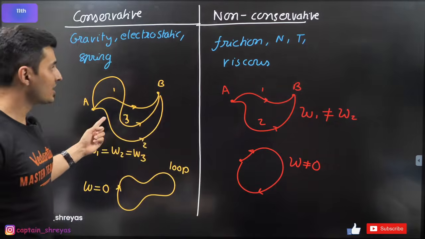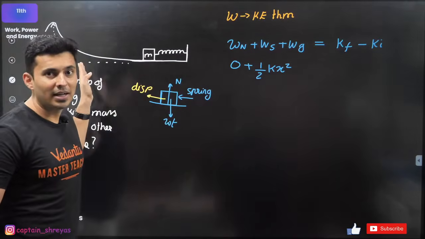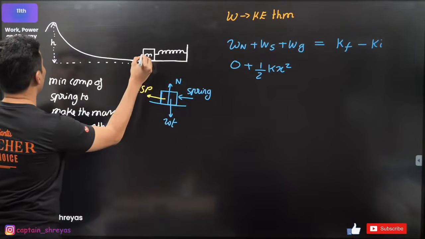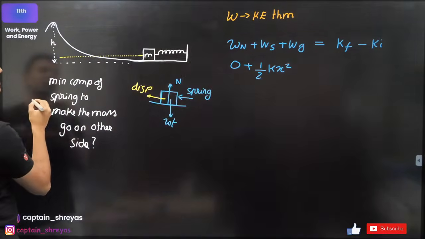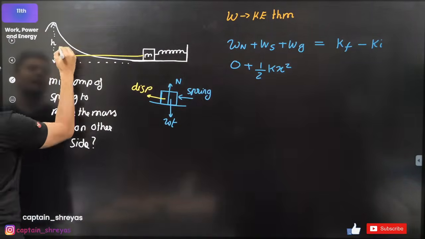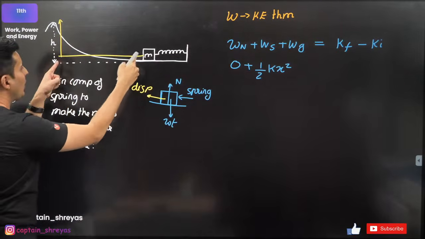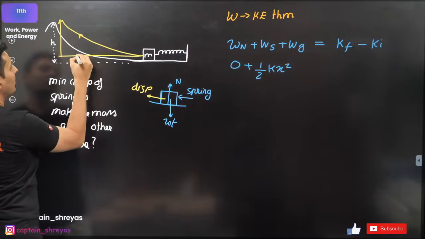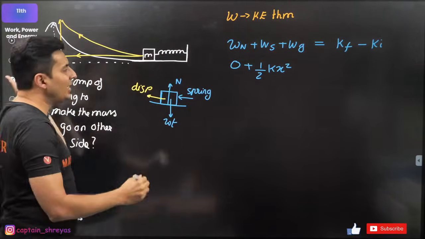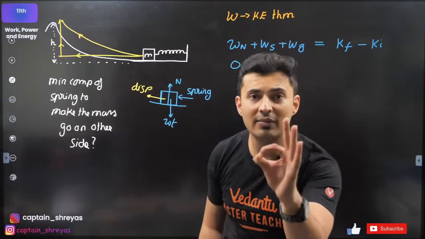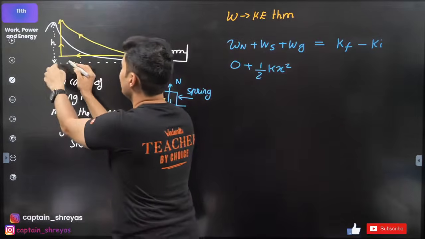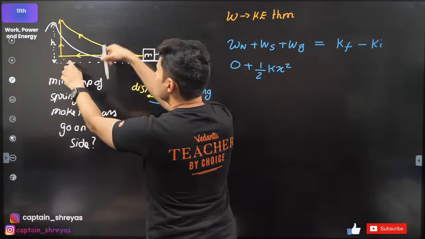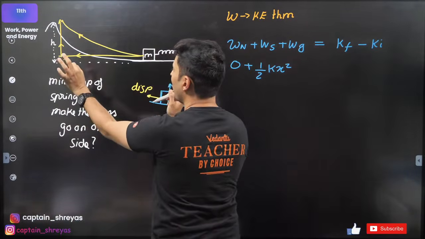Because of which, I can choose a convenient path, and the convenient path can be just this. It goes like this, and it just goes up. Now, in both these paths, gravity will do the same work. In this particular path, gravity is perpendicular, so there is no work.